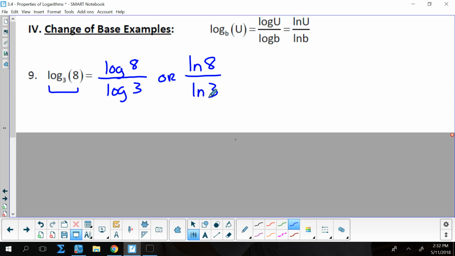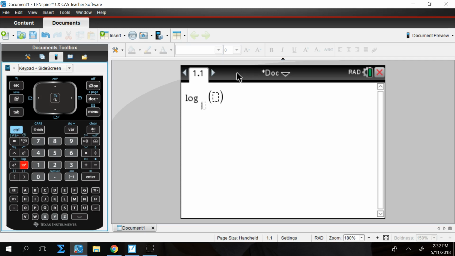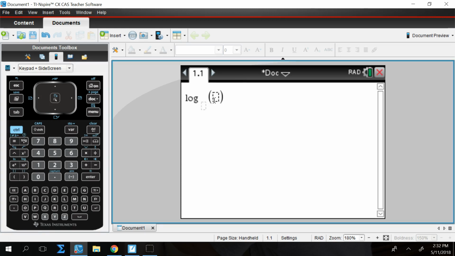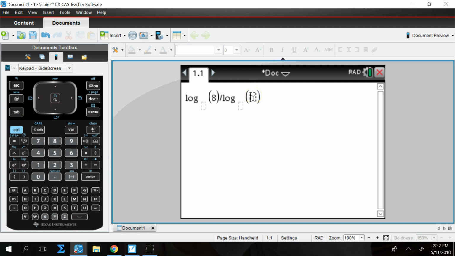Now, on your regular old TI-30 calculators or any old scientific calculators, you can do that, so you would just type in log of 8 divided by log of 3.